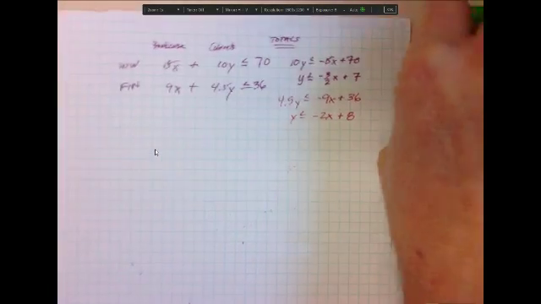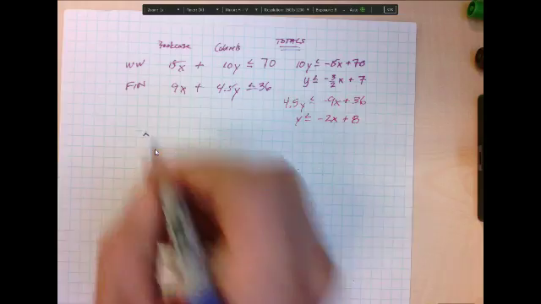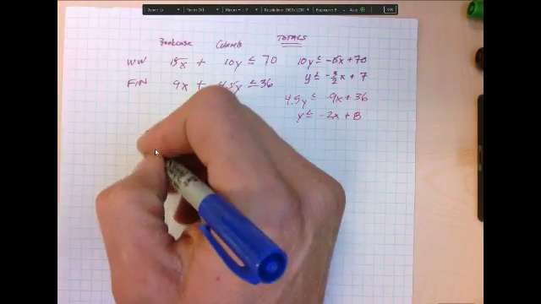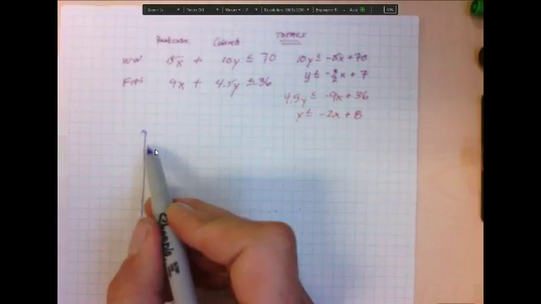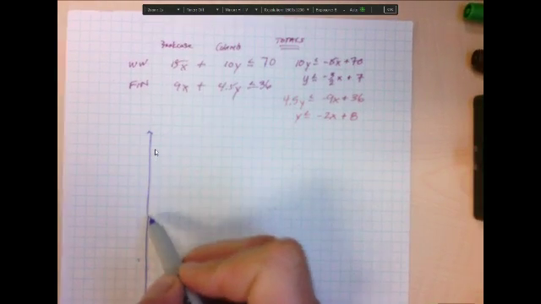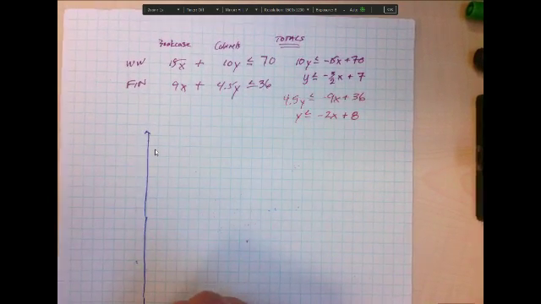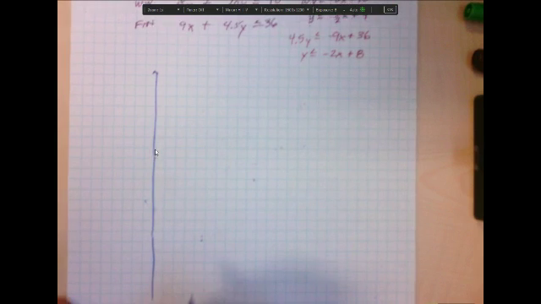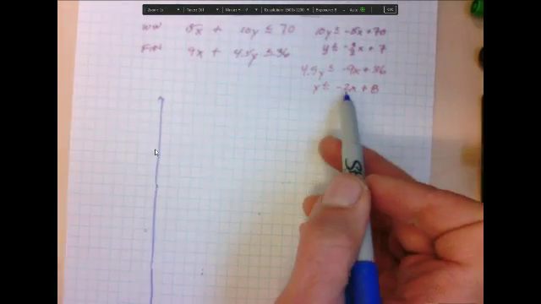Are you comfortable with that so far? Yeah. And is my math right? Yes. 9, 18, 27, 30. Should be good. Okay. I'm going to go by 2s because I see multiples of 2.